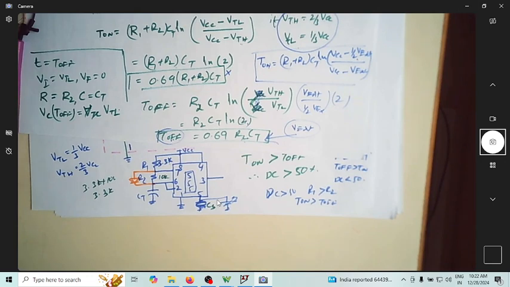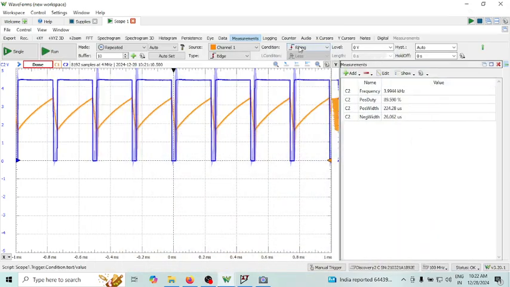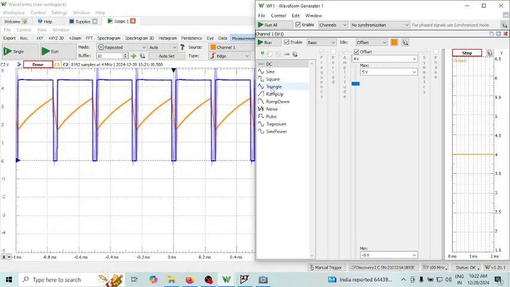And maybe I can also show you the possibility of generating a PWM waveform using this control voltage. So what I'll do here is use a bit higher frequency. Let me make this 3.3k.